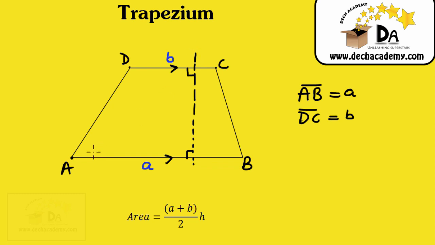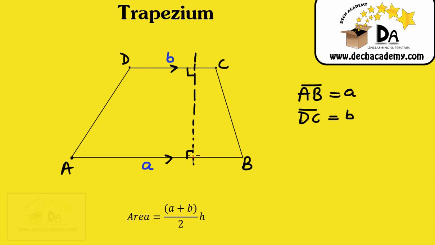So what I've done now is drawn a vertical line. This base here is horizontal, and I've drawn a vertical line. So that means it's perpendicular to this side AB, which means it's also perpendicular to this side DC. And we're just focusing on the height of the line.